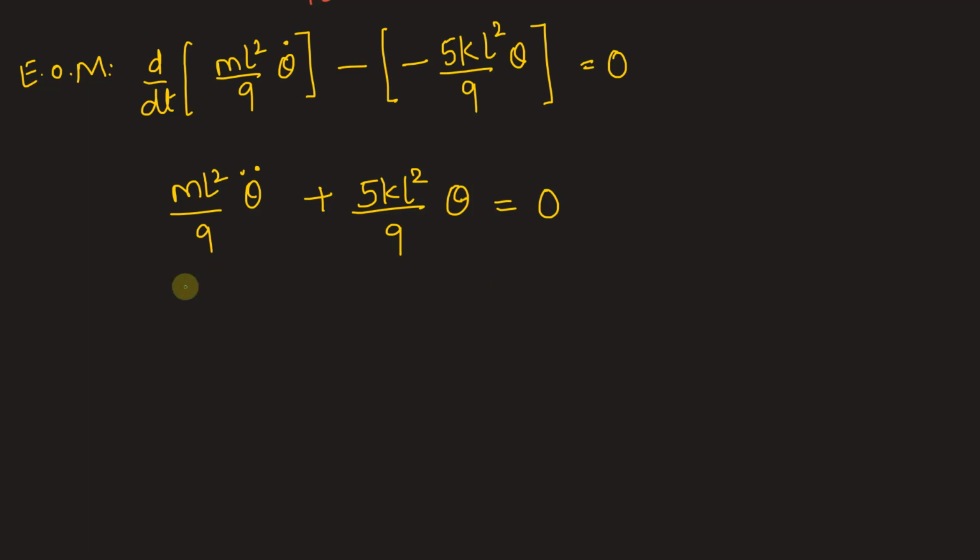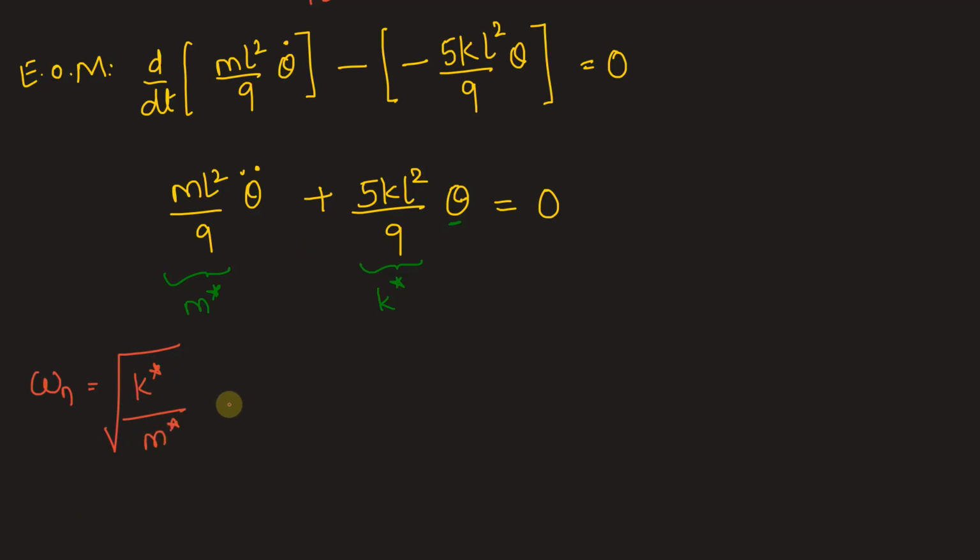Now if we compare this to the standard equation of motion, we have this term is m star, that is mass equivalent, the coefficient of angular acceleration, and this term is k star, the stiffness equivalent, which is the coefficient of the angular displacement theta. So let's find out the natural frequency omega n from here. Omega n by definition is under root of stiffness equivalent k star divided by mass equivalent m star.